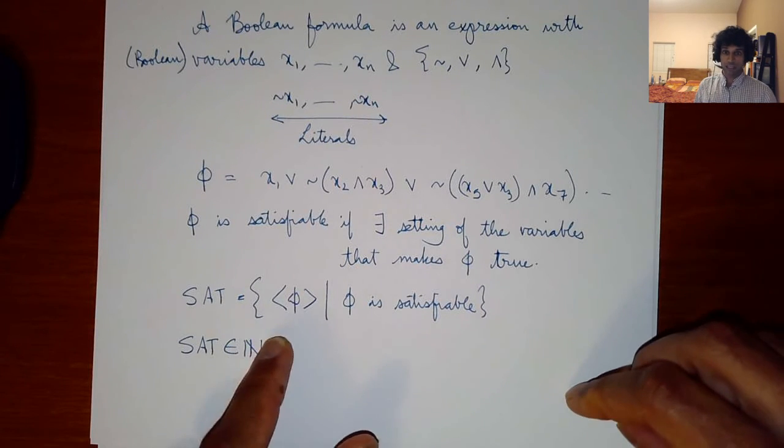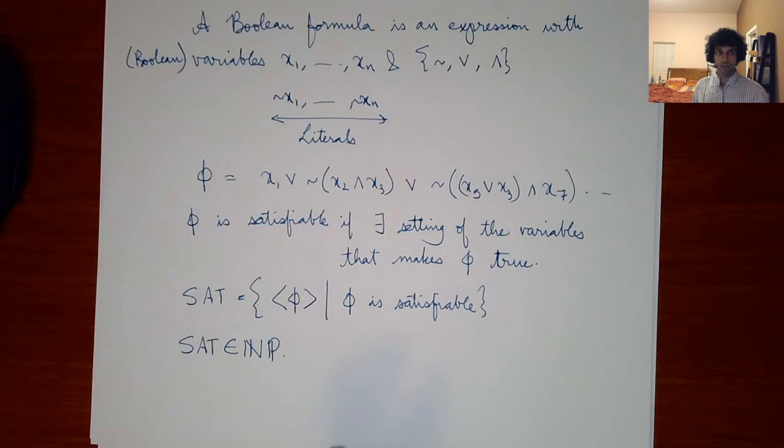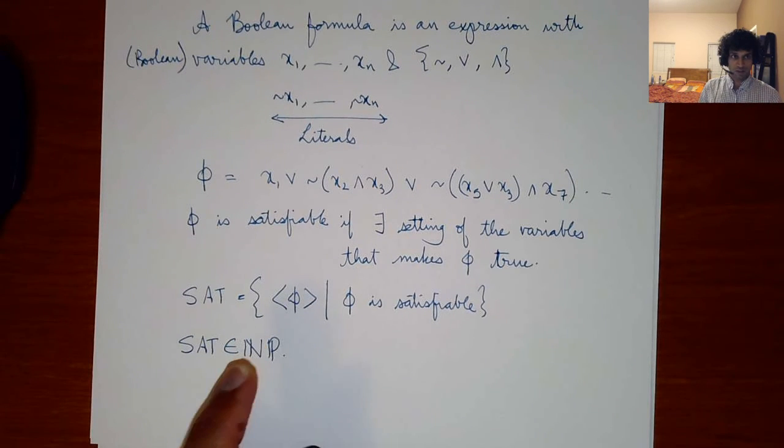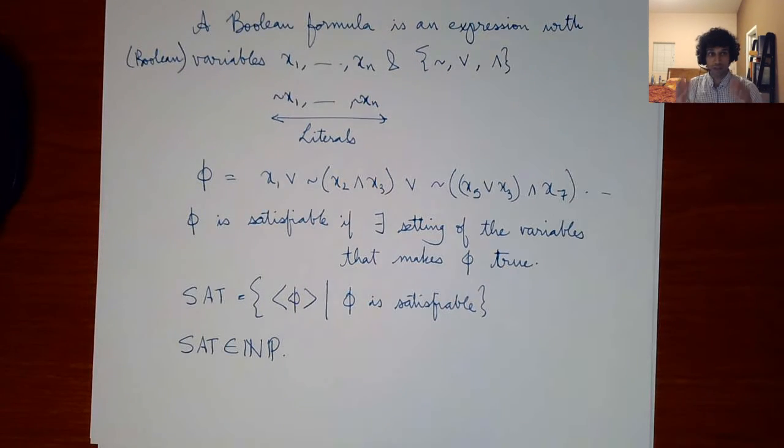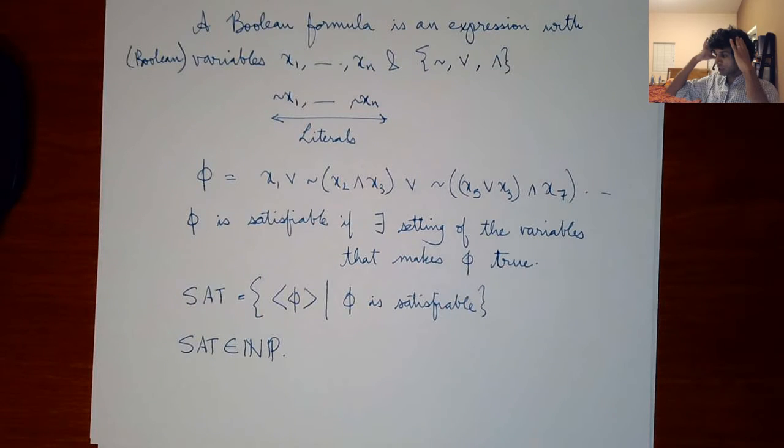Furthermore, if phi is not in the language, no matter what certificate you give, your verifier should not accept. So the verifier should accept a phi in the language with its certificate and should not accept anything that is not in the language regardless of the certificate. So what would the certificate be in this case?